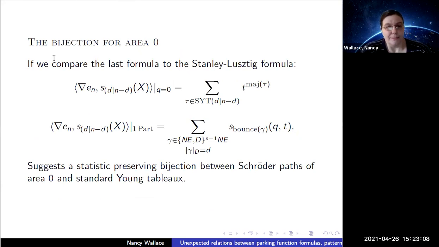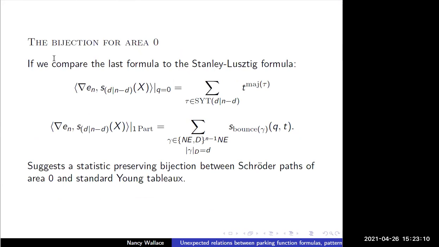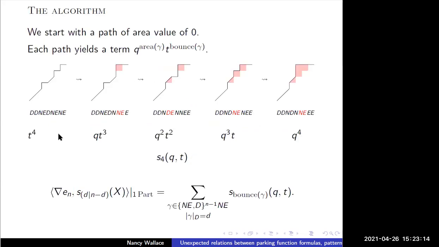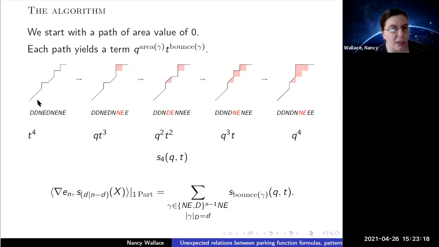So may I ask a question? Yes. So in your previous slide, how do you determine the shape of the starting path? Any Schroeder path of area 0, you can do this to it and it's going to work. You do the algorithm to any Schroeder path of area 0 and it's going to work.